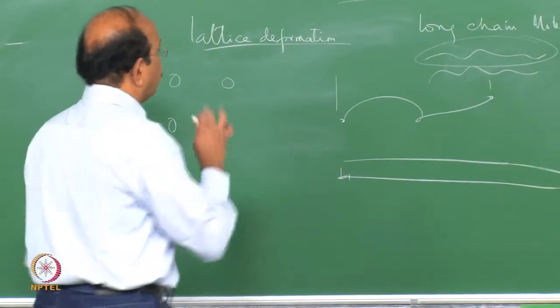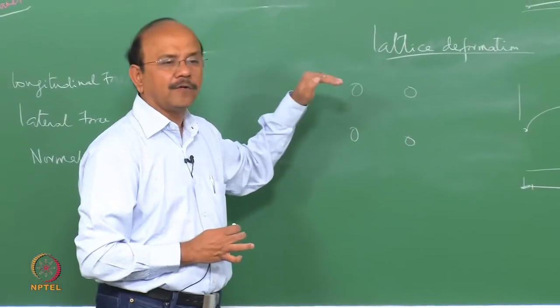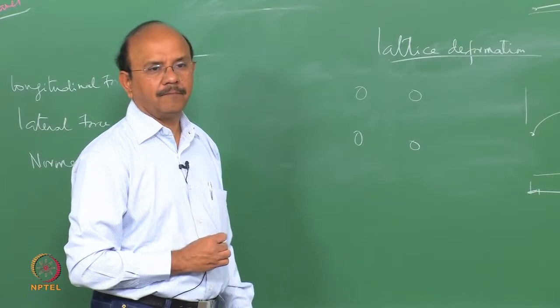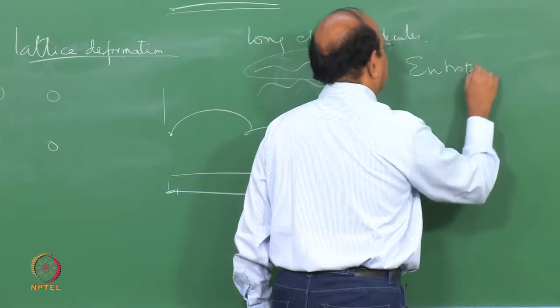So the phenomenon of deformation of an elastomer is different from that of steel, and the phenomenon is controlled by our good old entropy.